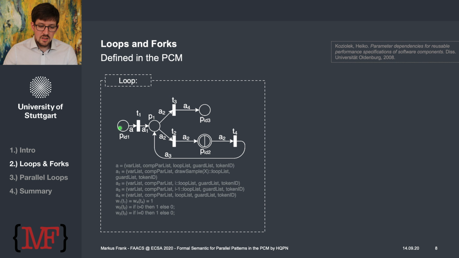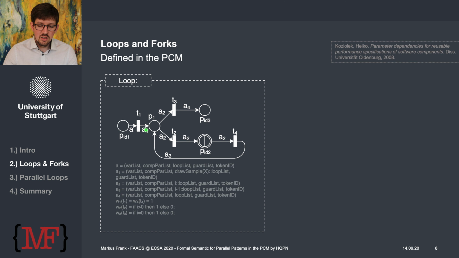So when a token is in the first place here, a transition is fired and a token is placed in the second place here. This second place represents the loop condition. So whenever the loop condition is satisfied, transition 3 will fire and will return the token to a higher net.